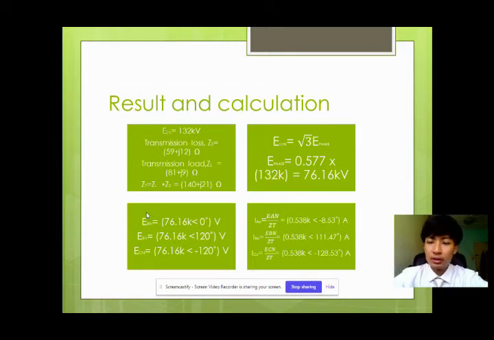So for the current IAA, the formula is IAA is equal to EAN over ZT, which is equal to 0.538 kilo angle negative 8.53 ampere. And for the IBB, I get 0.538 kilo angle 111.47 ampere. And for the ICC, I get 0.538 angle negative 128.53 ampere.